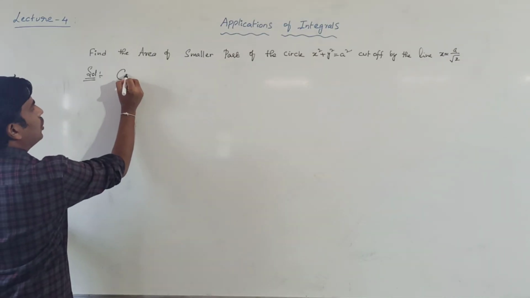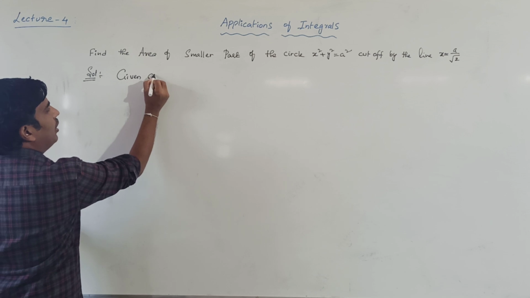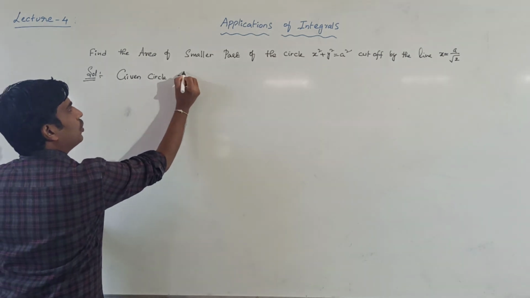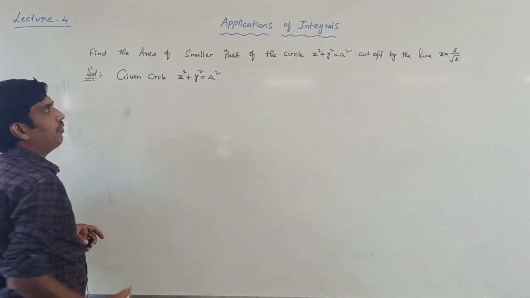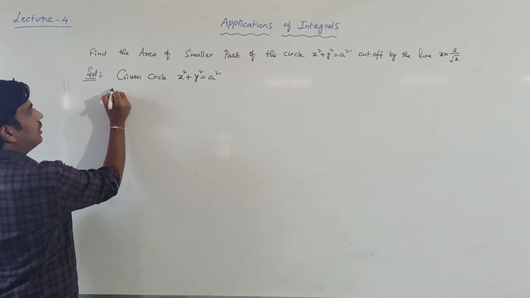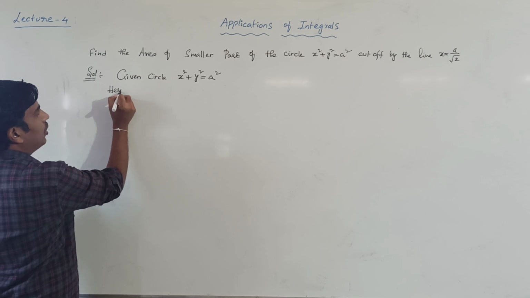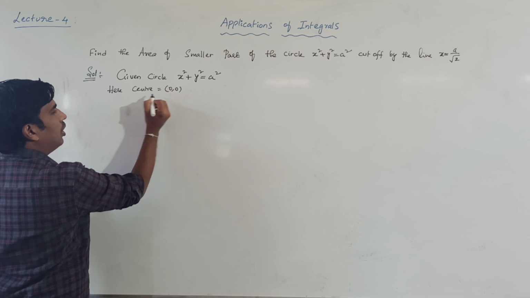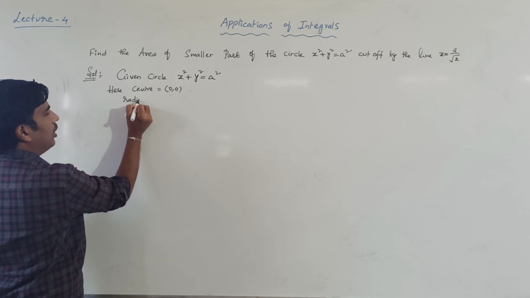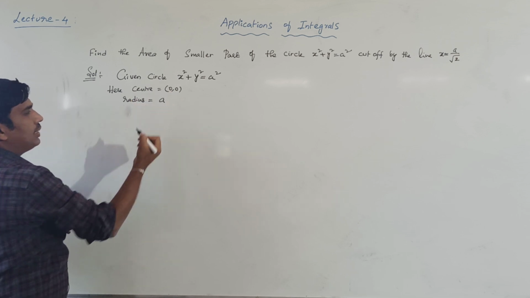Okay, so observe the solution. Given circle x square plus y square is equal to a square. For this circle, center at origin and radius is a units.